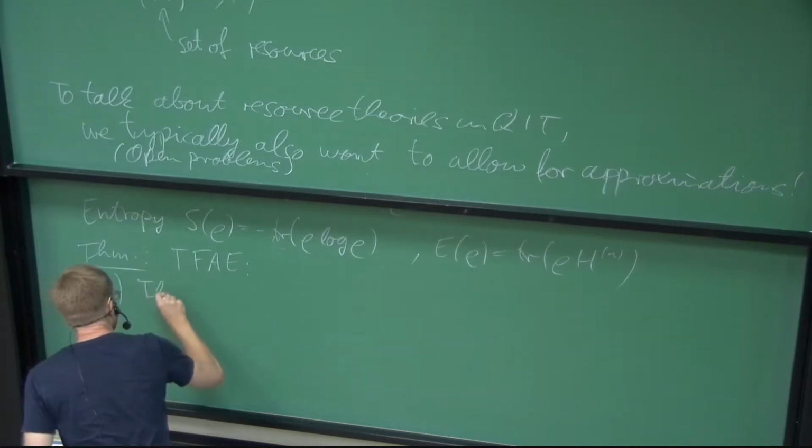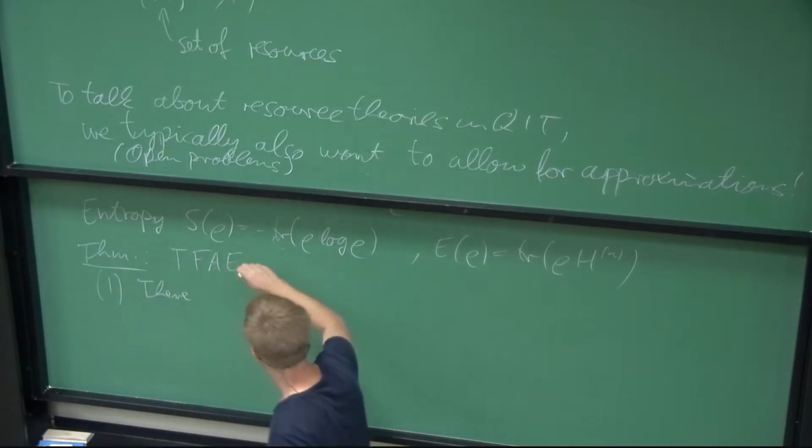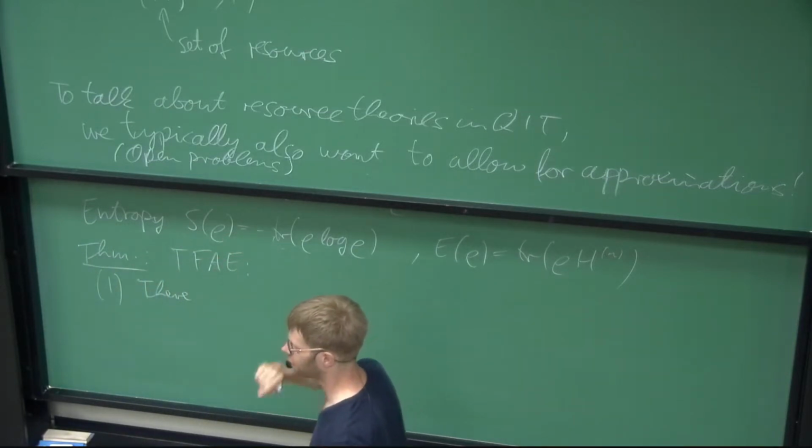Here I want to say something like I can take many copies of rho and turn them into many copies of sigma.